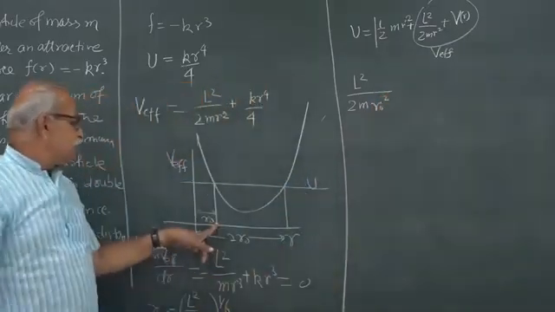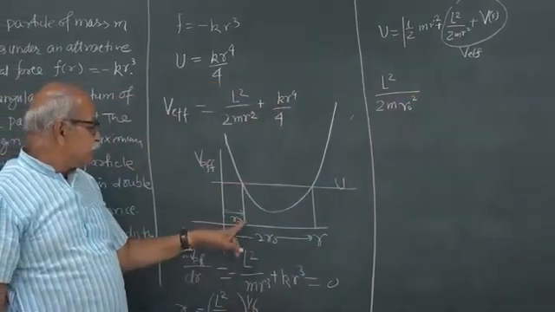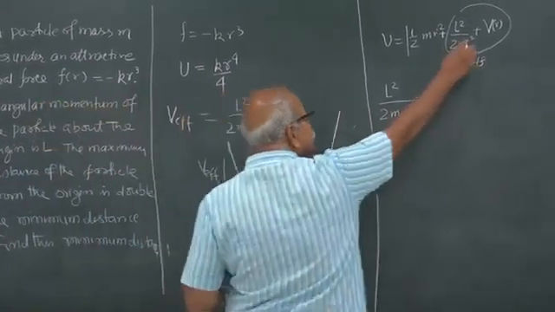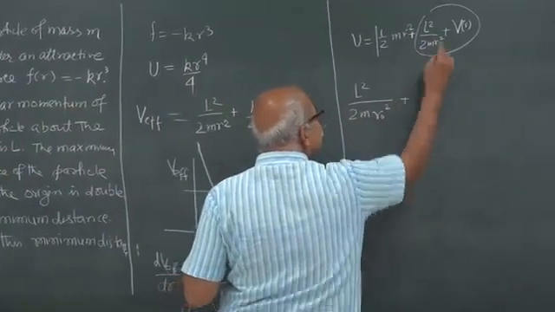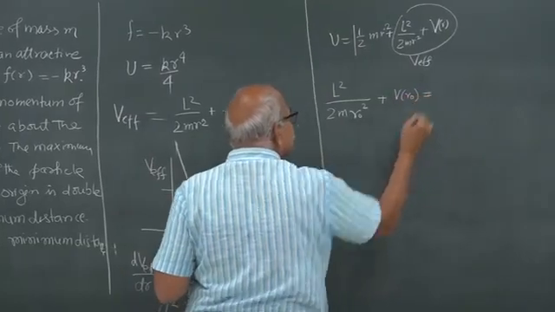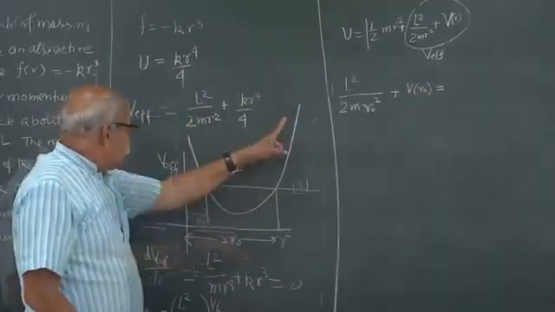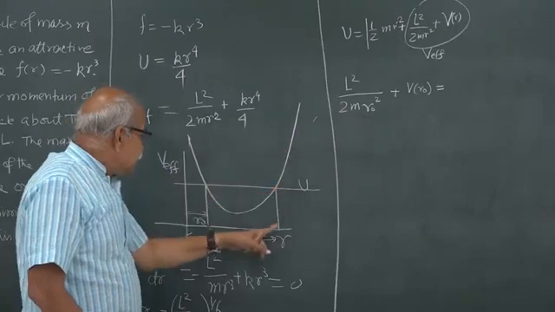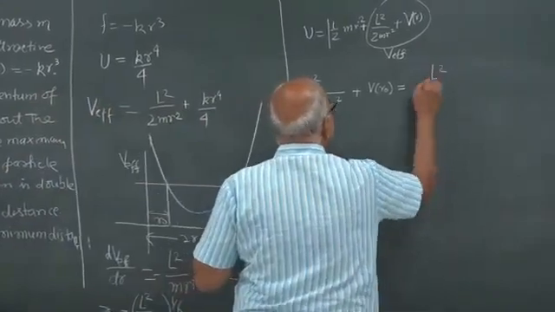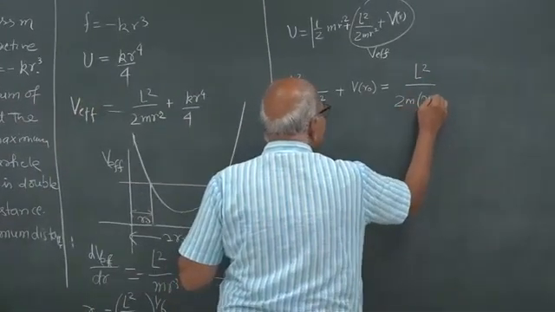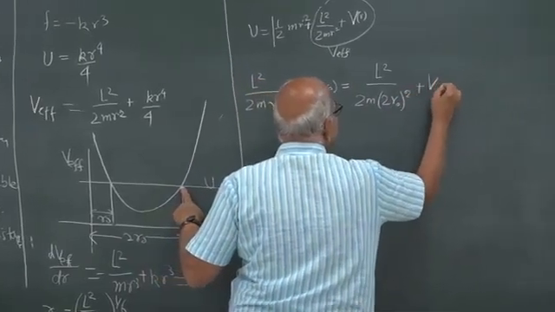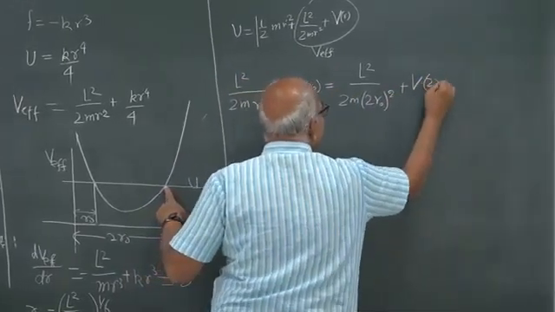Okay. At this point, the minimum distance, what is the effective potential energy? So, r is equal to r naught. I am writing r naught here, plus the potential energy at r naught, which is equal to the effective potential energy at this point, 2 r naught. So, the effective potential energy at this point is L square divided by 2 m (2 r naught) square, plus the potential energy u at 2 r naught.